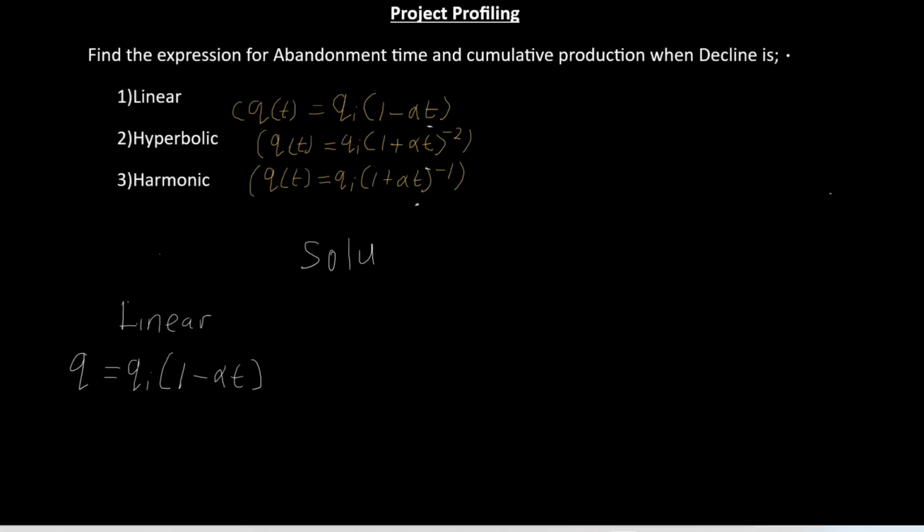Dividing both sides by QI, we have that Q over QI is equal to 1 minus alpha t. Okay, now let us rearrange them.